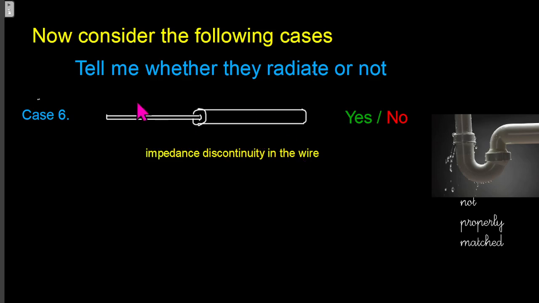And here we have impedance discontinuity in the wire because of the diameter differences, and if no proper impedance matching is done, radiation occurs. This is the best example here. You might have connected different dimensional pipes, but if they are not properly connected, then you will have leakage. Leakage is equated to radiation. Okay, so the radiation occurs.